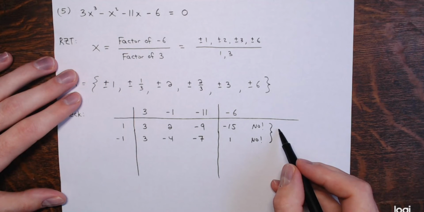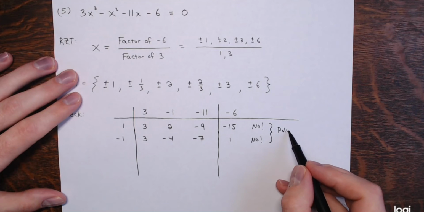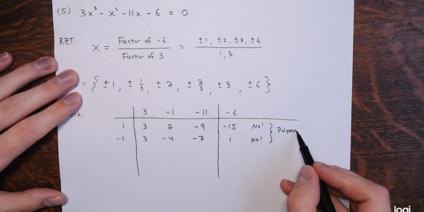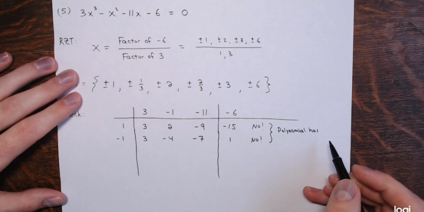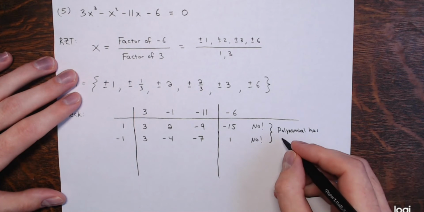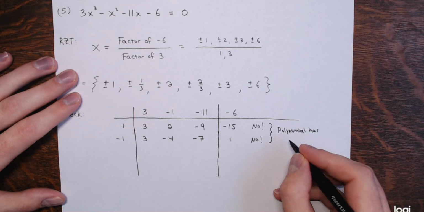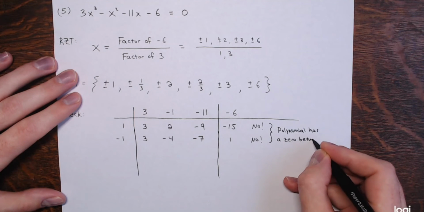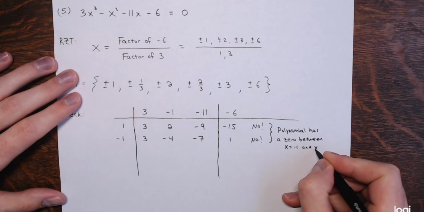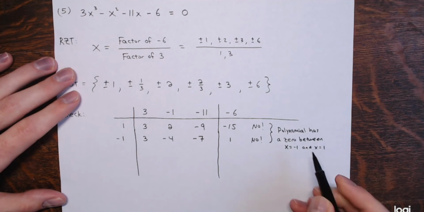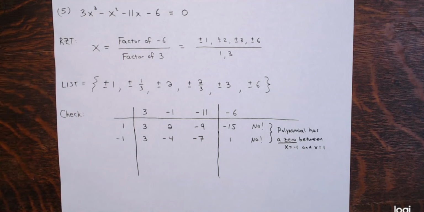So the polynomial has a 0. I was using that intermediate value theorem, because polynomials are continuous. The polynomial has a 0 between x equals negative 1 and x equals positive 1. Now, I say a 0. There could be more than one 0 in between negative 1 and positive 1.